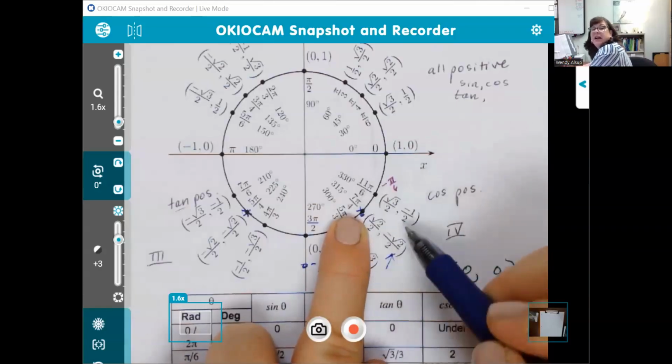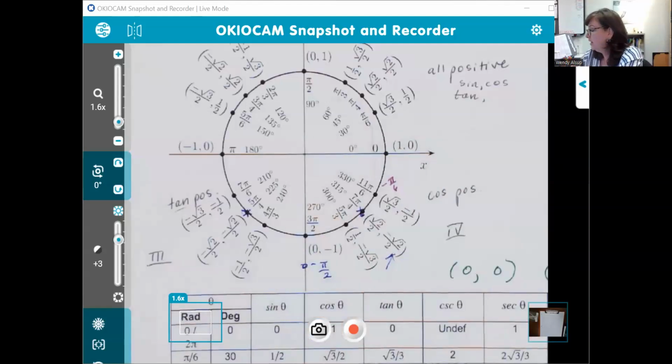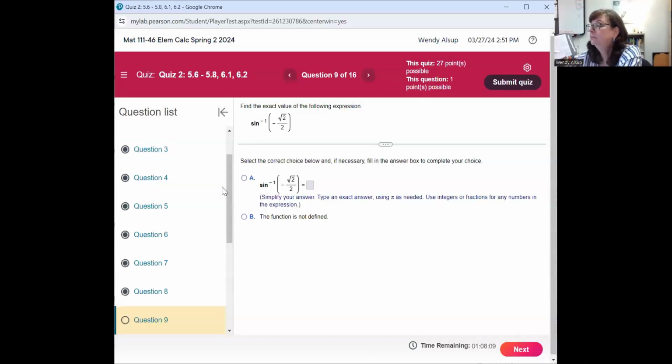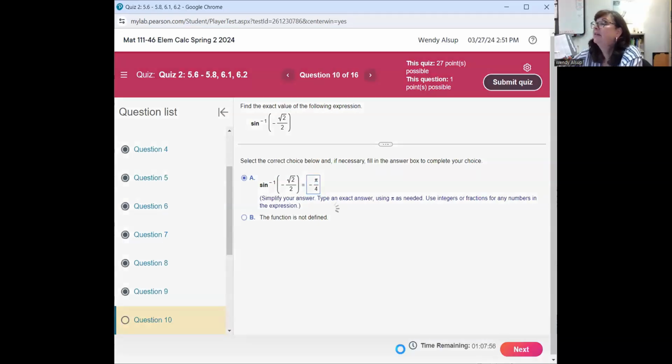So the inverse sine of negative root 2 over 2 is negative pi over 4. Supposed to put pi there. All right, next, negative pi over 4.